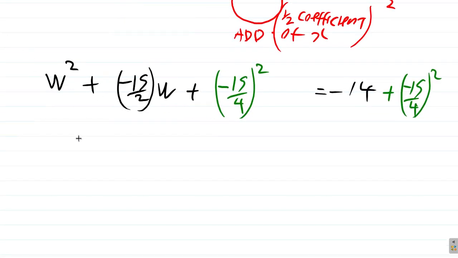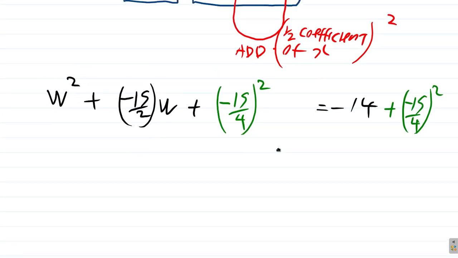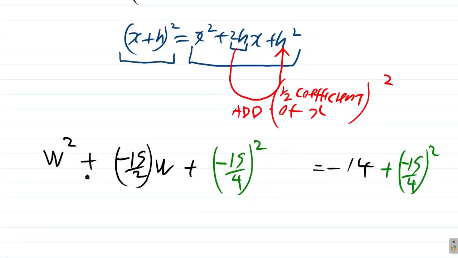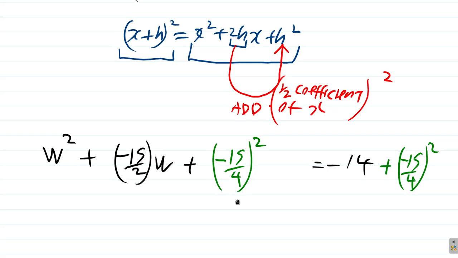So what you have, this is in the form of a perfect square. It is in the form x squared plus 2hx plus h squared. But you want to write it as (x plus h) squared. In this case, what is h? Well, h squared is negative 15 over 4 squared.